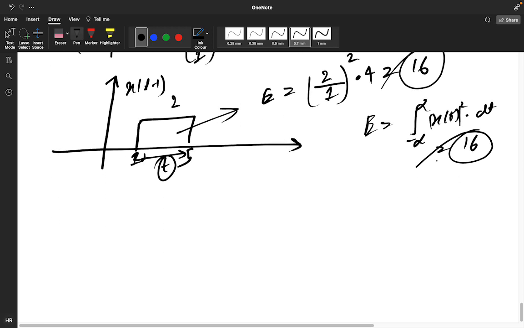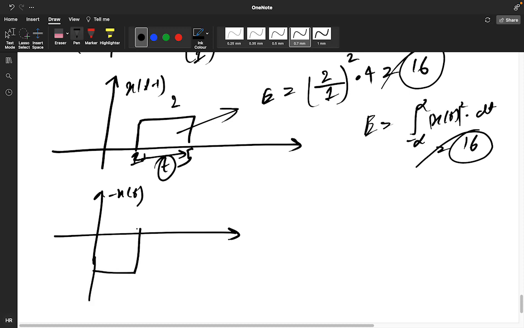And if you do amplitude reversal, means minus x of t, the graph will be 0, 4, minus 2. So the same thing you will get. What is the amplitude? Minus 2. For a square, that is a rectangle, we need to divide by 1. If it was a triangle, we need to divide by root 3.